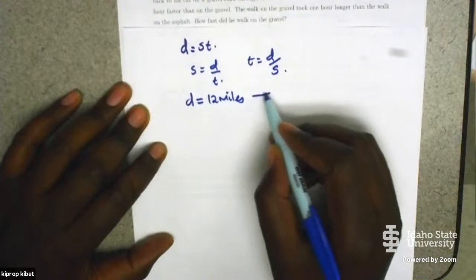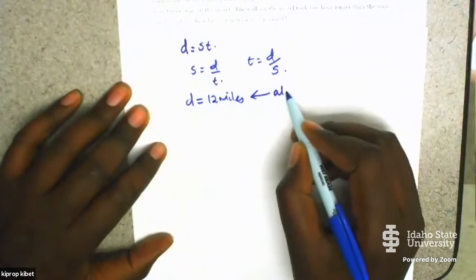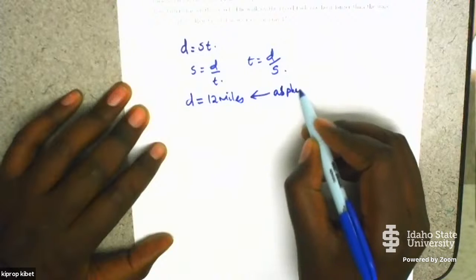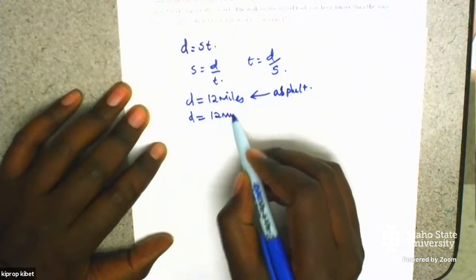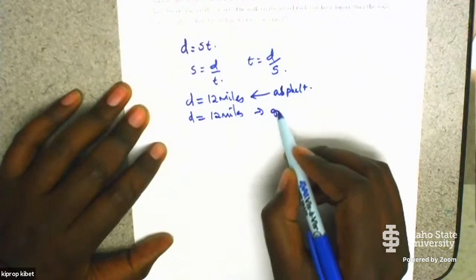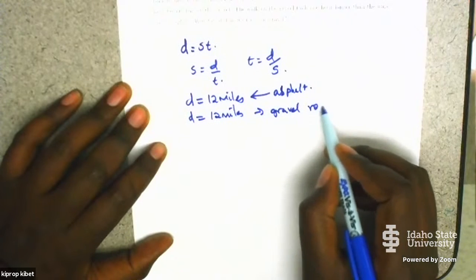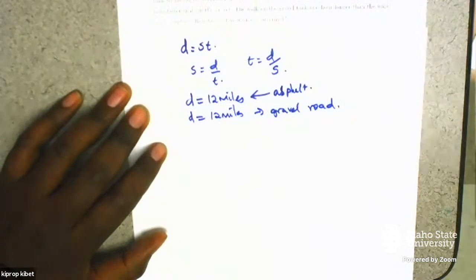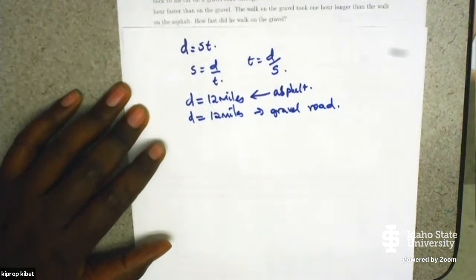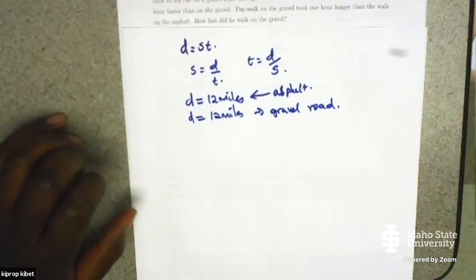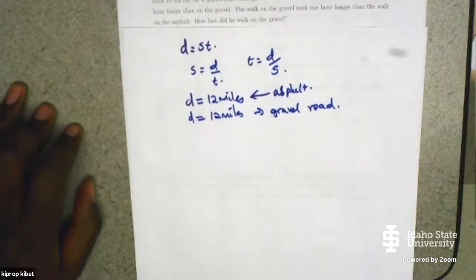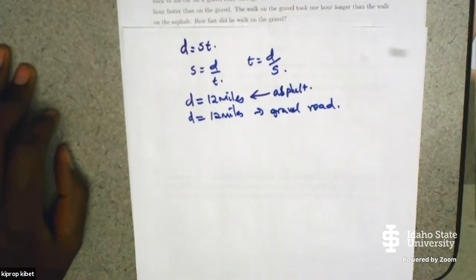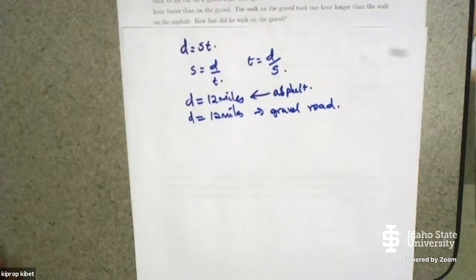So this is one part, and this one is the same distance, 12 miles on the gravel road. On the asphalt, he walked 2 miles per hour faster than on the gravel road.